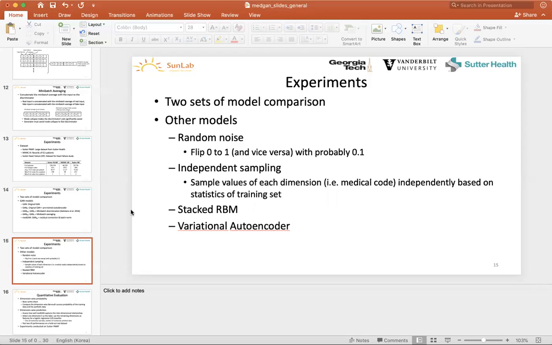And then of course we need baseline models other than MedGAN itself. One is random noise. I'm talking about binary data. You have real binary tabular data, and you randomly flip some columns from 0 to 1 and 1 to 0, reversing it with some probability. By a 10% chance, you take one cell in your sample and reverse the value.